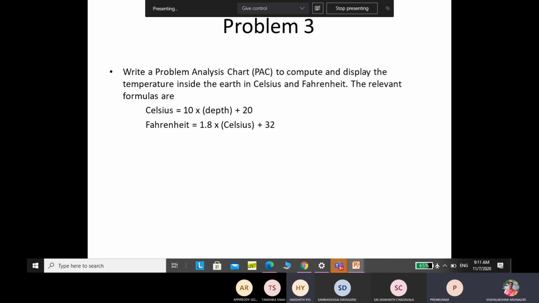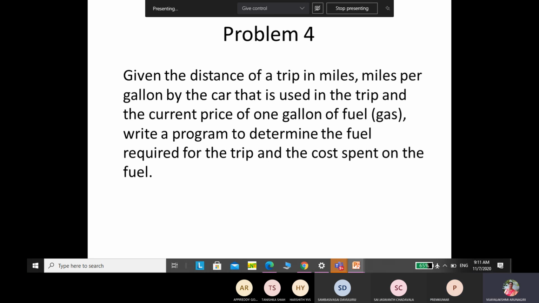Yes, ma'am. Copy this. Copied this problem?